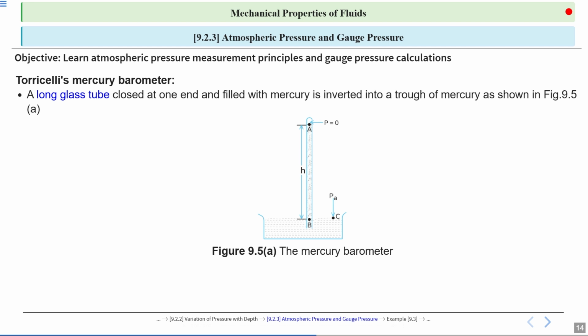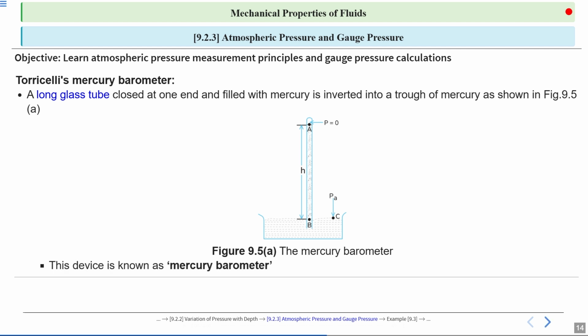The figure 9.5a shows how the mercury level in the tube changes with atmospheric pressure. So look at the figure. There are 2 points A and B, and the height is h. So the device is known as the mercury barometer. It's a classic example of how simple principles can lead to significant scientific advancements.